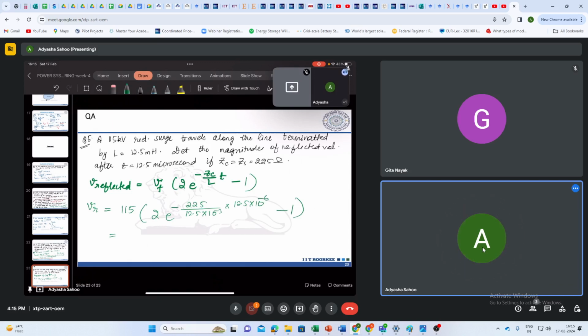Sorry, this is changed, this is not 12.5 microseconds.